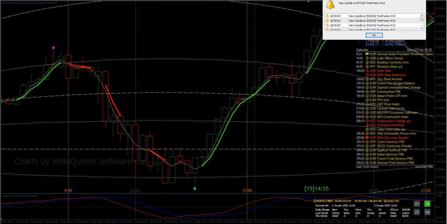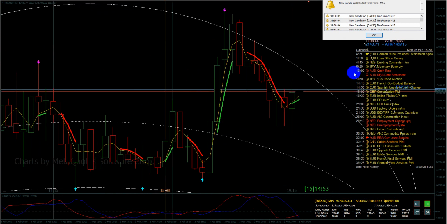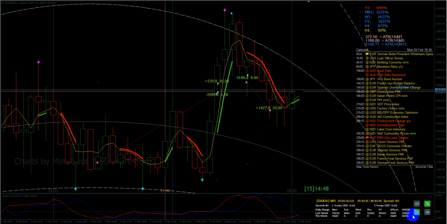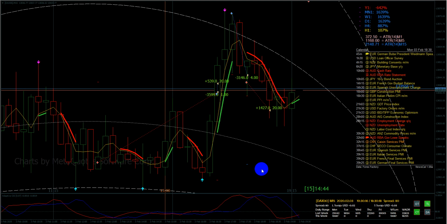Yeah, let's bring it back. I have enough room right here for bigger trades. I can go even at 70 lots, right? I can even trade 70 lots right here.